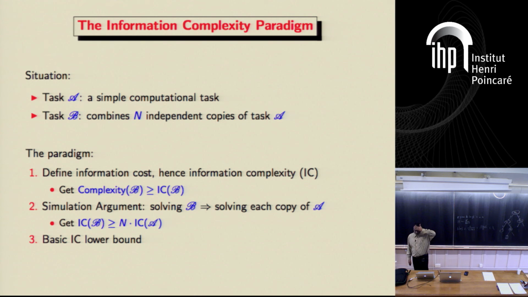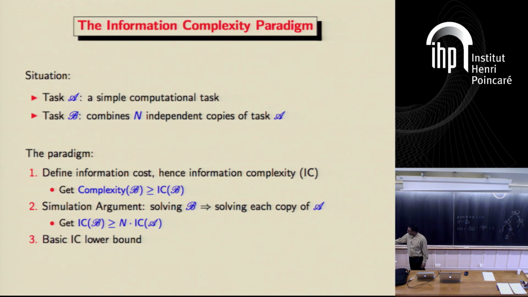Step 2 will be to do a simulation argument. This is the main part of showing the direct sum, which says that solving B entails solving each of these copies of A. This will be clearer when you see an application of this paradigm, but let's just keep in mind that this is what's happening.